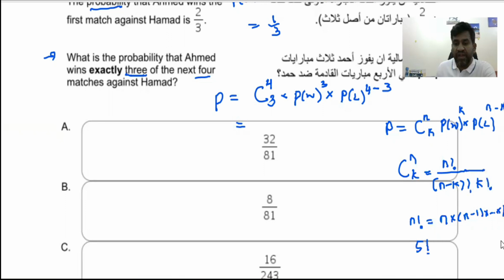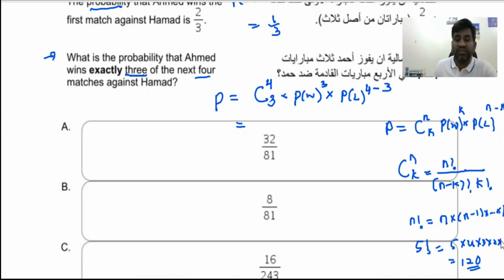For example, 5 factorial can be written as 5 times 4 times 3 times 2 times 1. Don't make it 0, because if you make it 0, everything is going to be 0. So 20, 20 times 3 is 60, 60 times 2 is 120. So the value of 5 factorial is 120. This is how you simplify.